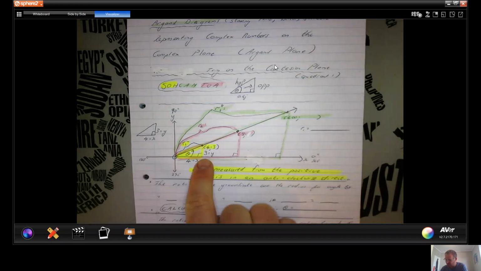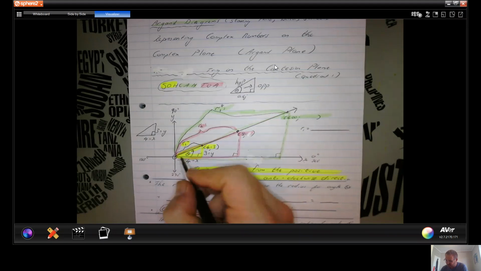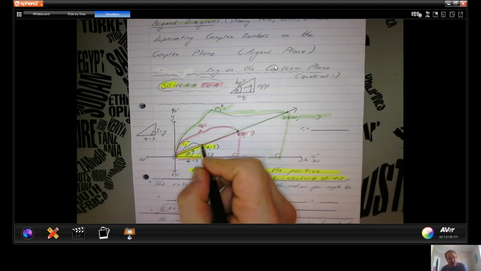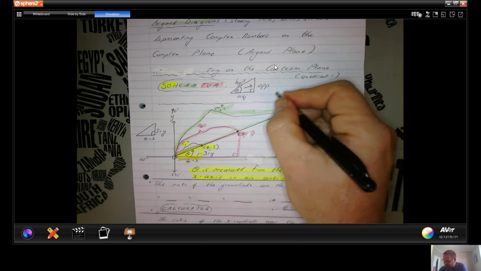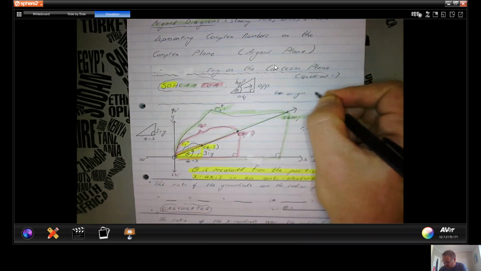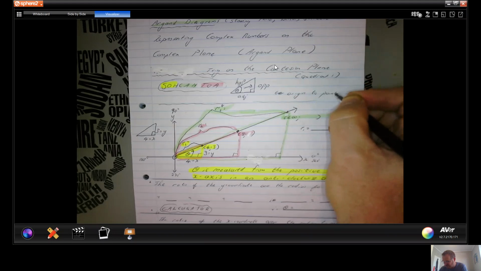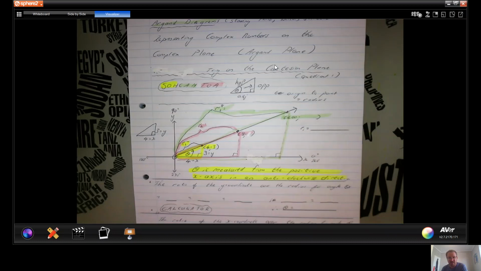The distance from the origin to the point is called your radius.